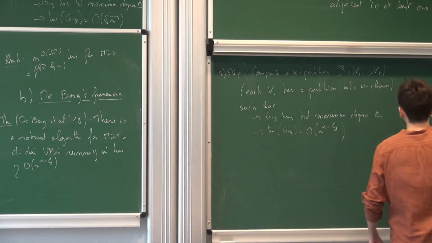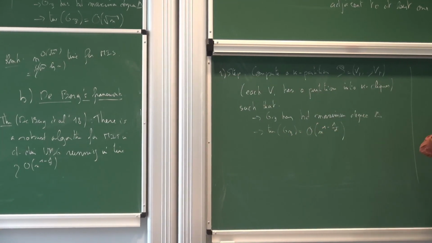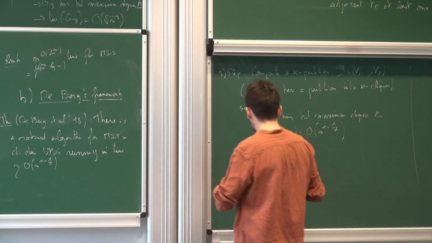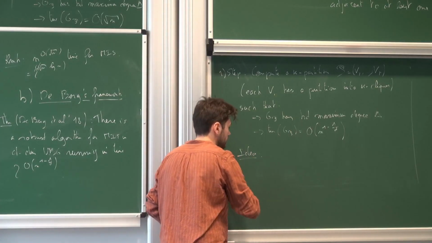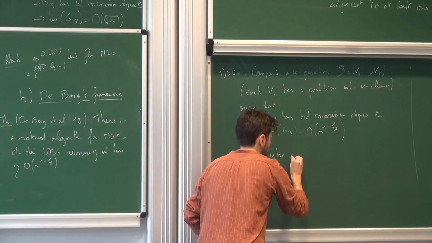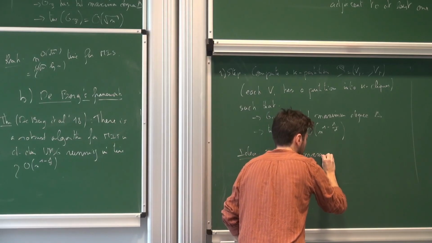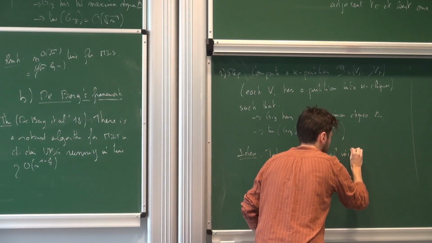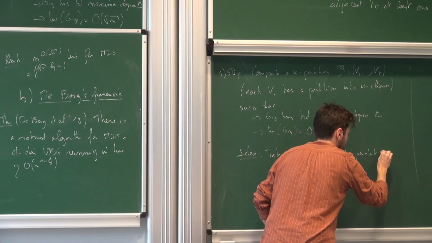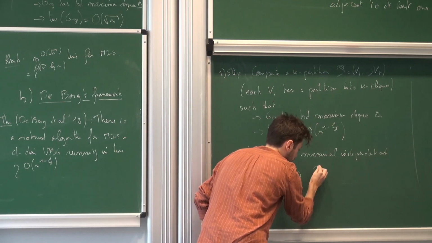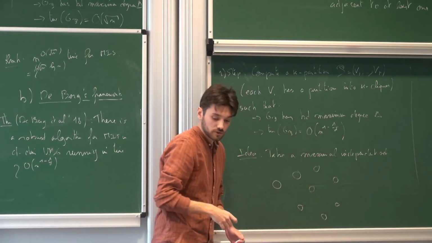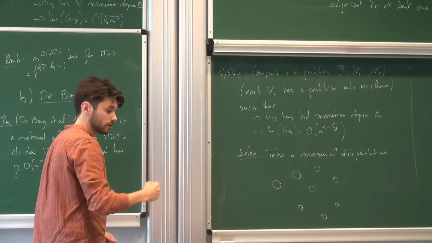So the idea, just to like this proof of the bound on tree width is not that easy, but the remaining is easy. I'll do it here. The idea is to say, okay, we can take a maximal independent set, any of them. And then to obtain the partition, we take just the neighborhood of this maximal independent set.